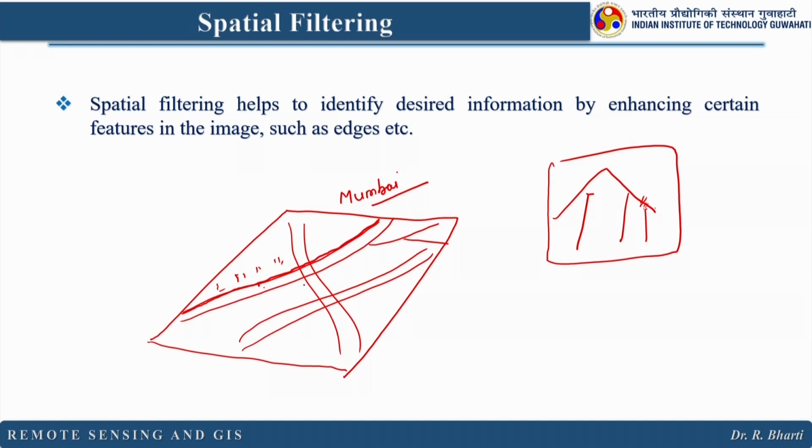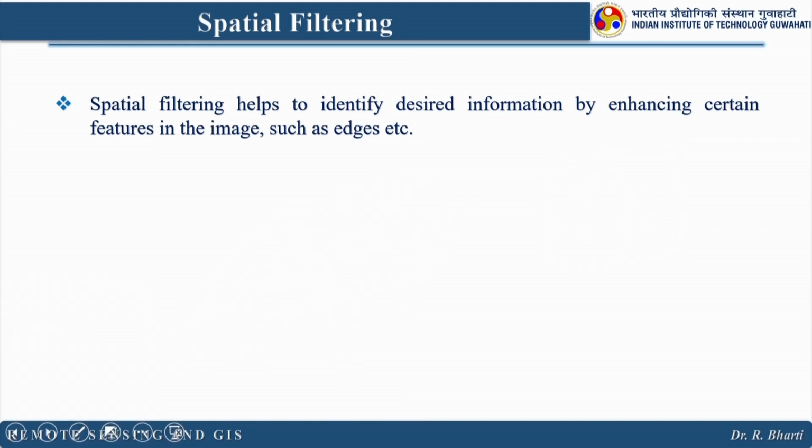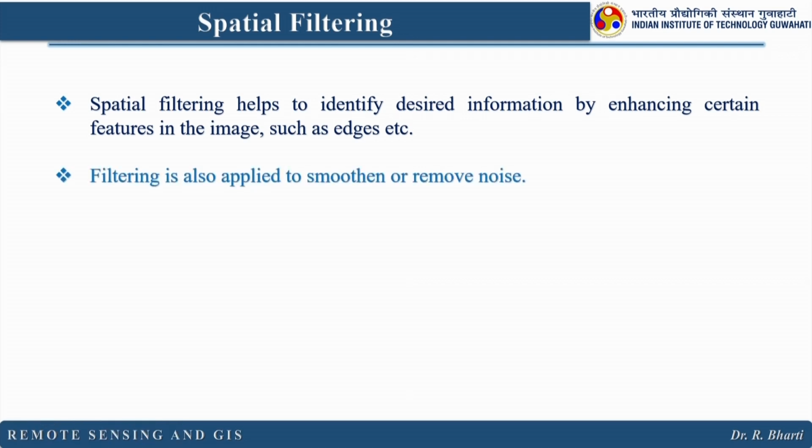So, if you want to highlight or map the roads from satellite data, you can simply use a filtering algorithm, and then you can easily map the roads. Likewise, there are many other examples. Filtering is also applied to smoothen or remove noise. You may remember from my previous lecture that sometimes we get pixels with bad values.